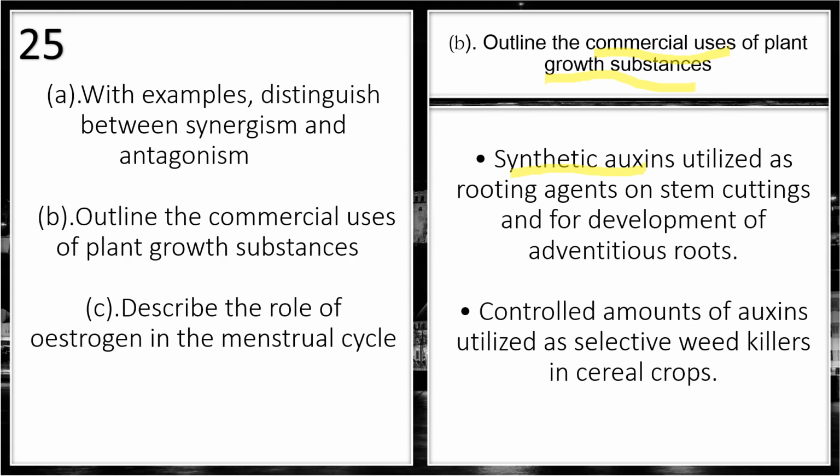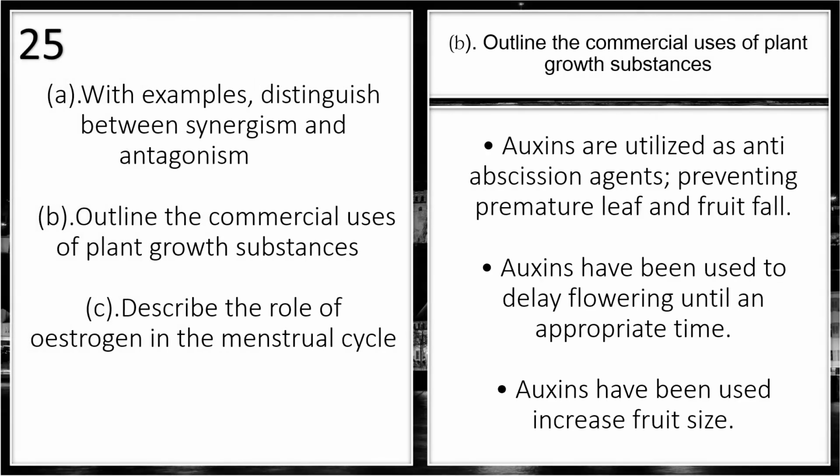These are utilized as rooting agents on the stem cuttings for the development of the adventitious roots, and controlled amounts of auxin are utilized as selective weed killers in cereal crops. Auxins are utilized as anti-abscission agents, preventing premature leaf and fruit fall.